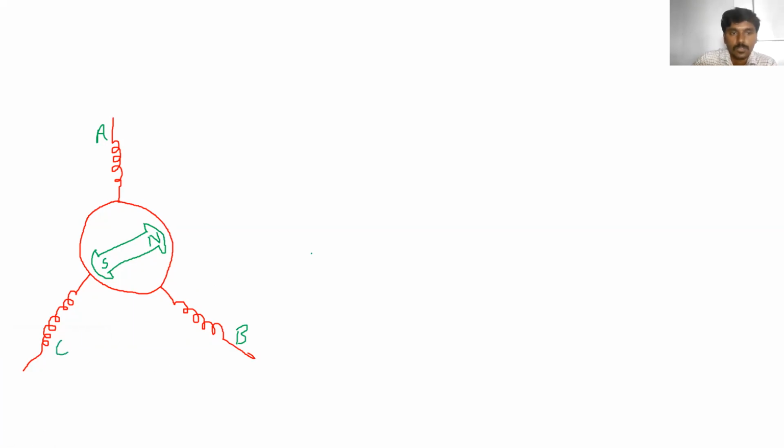Okay, so now we are taking the converter here. This is the converter. And one more phase like this. Okay, this is the switch one.